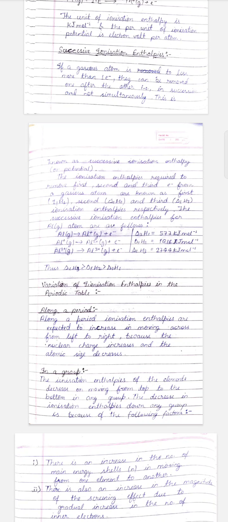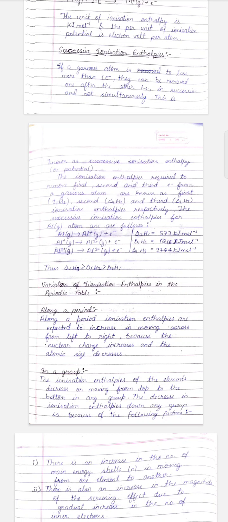The ionization enthalpies required to remove the first, second and third electron from a gaseous atom are known as first (IE1), second (IE2), and third (IE3) ionization enthalpy respectively. The successive ionization enthalpies for the Al atom are as follows.